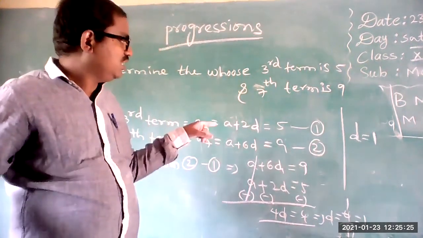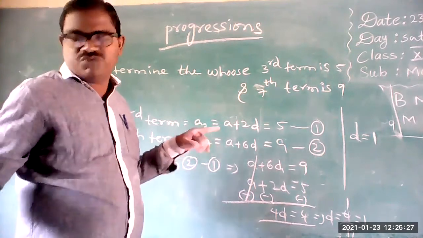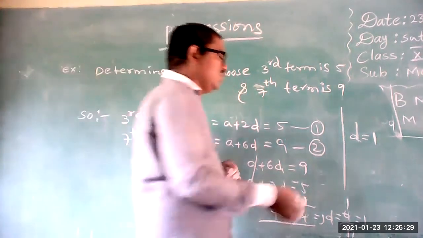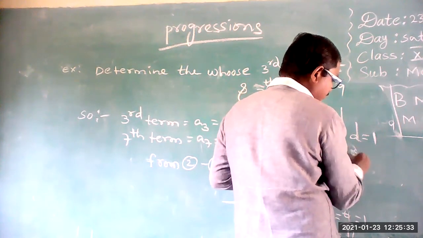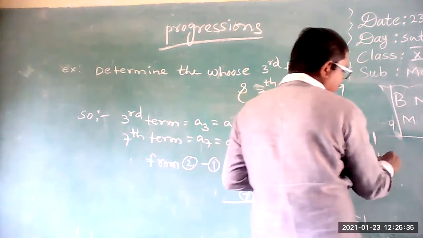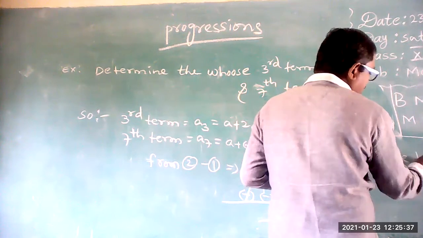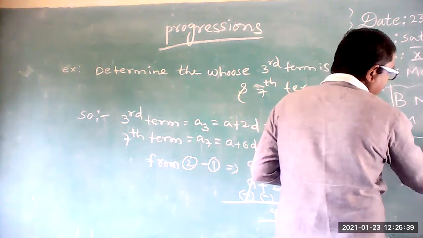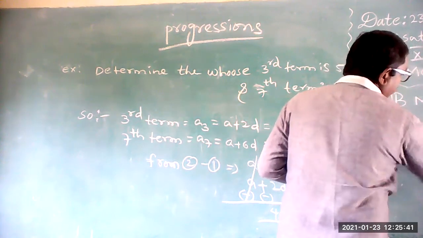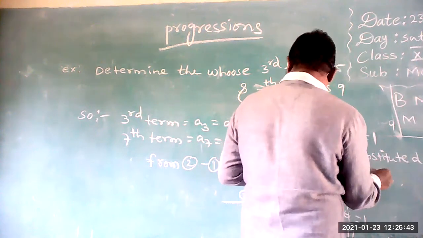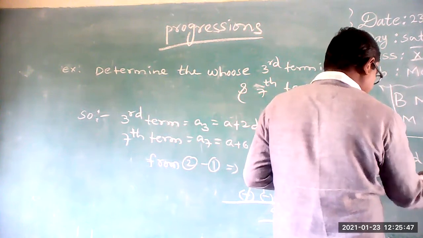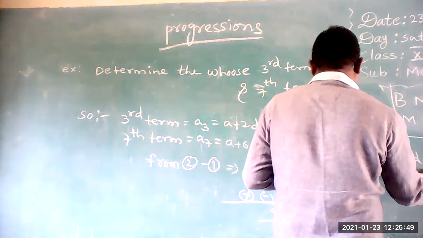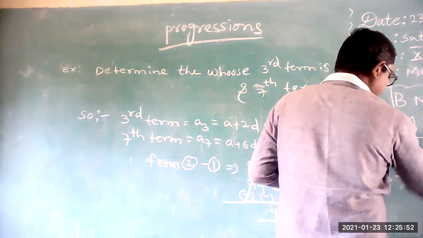Substituting D into any equation, you will get the first term A. Substituting D is equal to 1 in equation 1, the third term: A plus 2D is equal to 5.